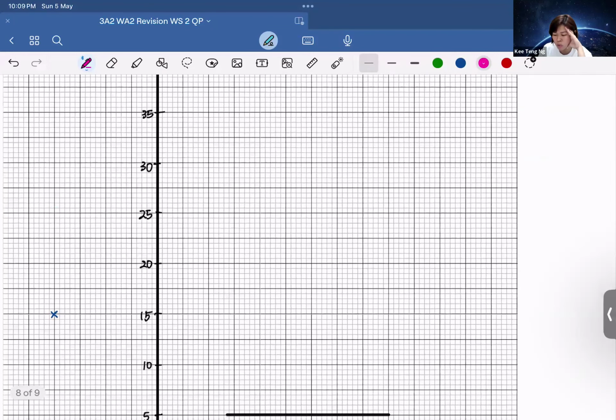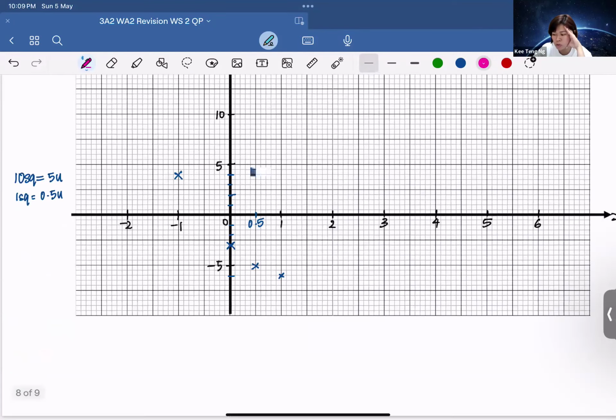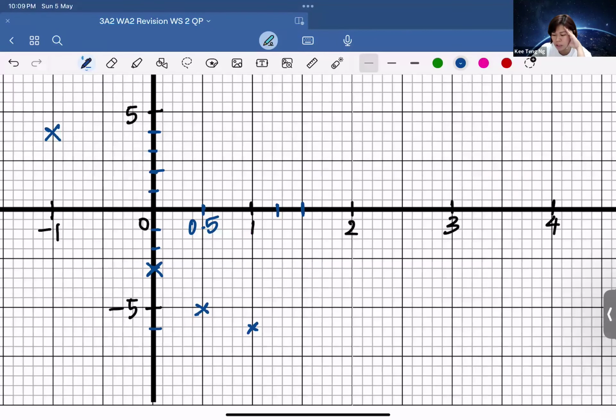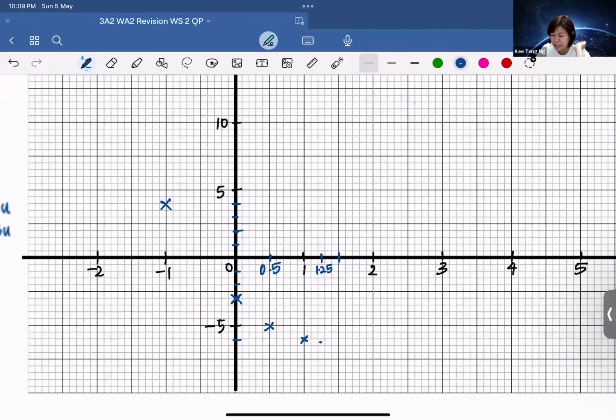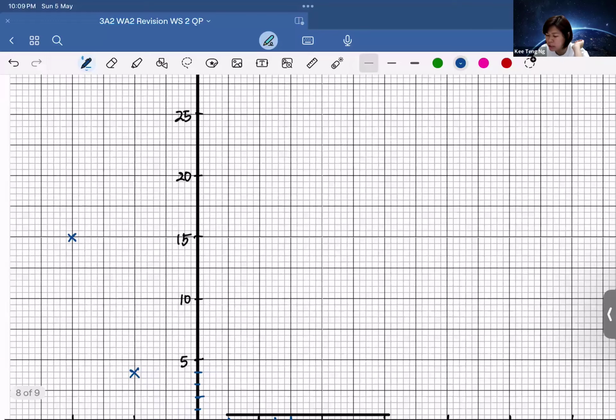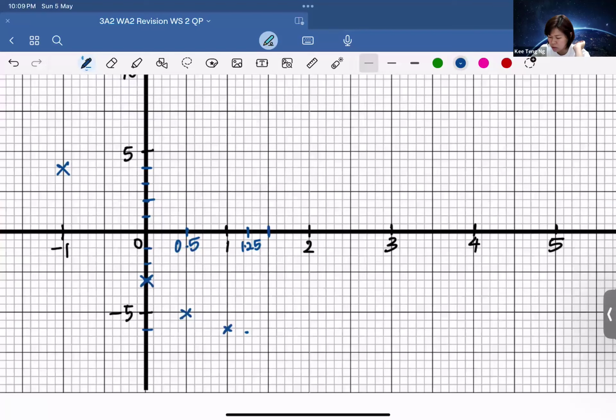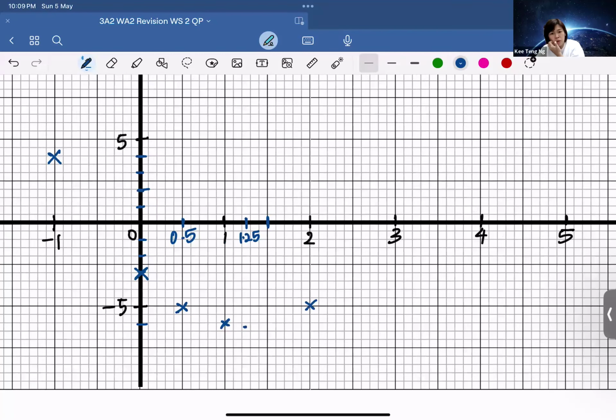When x equals 1.25, it will be right in the middle. Then I'll plot negative 6.1, maybe somewhere a little bit lower. Next pair of points, 2, -5, I haven't drawn yet. 2, -5 is down here. So I know I have something near a turning point. This will be my minimum point.